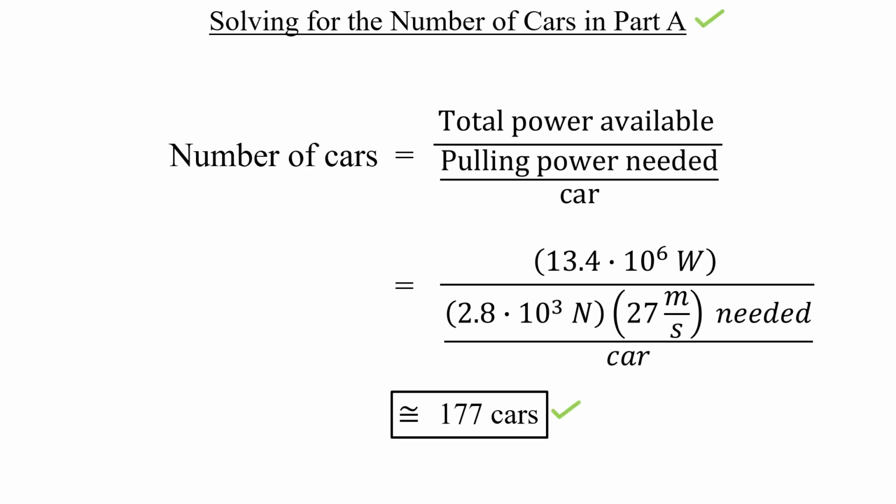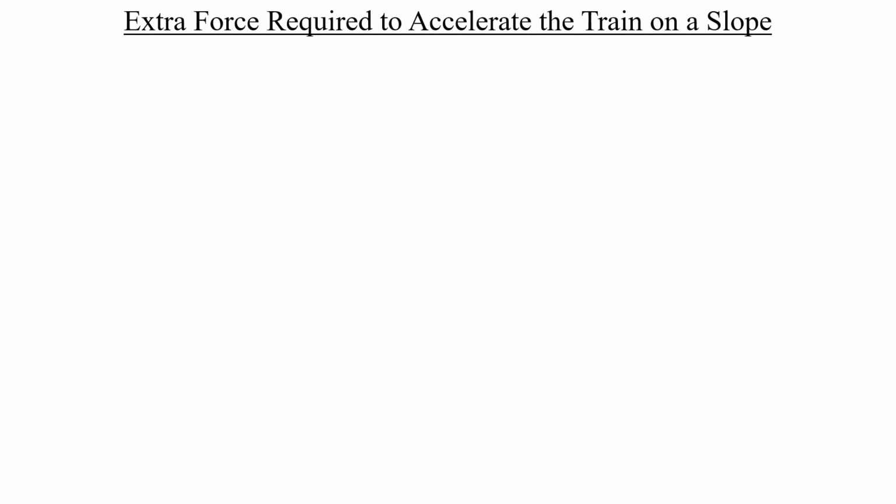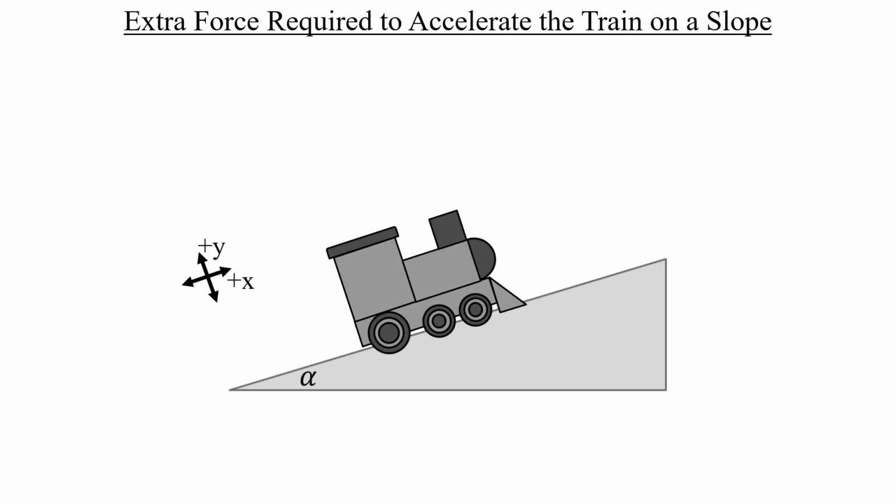Part B is where the difficulty ramps up a bit. And I think it helps if we draw a picture. Let's start with an angled coordinate system that applies to a train trying to climb a hill at some angle alpha. We can ignore all of the cars from part A for now and just focus on the engines.